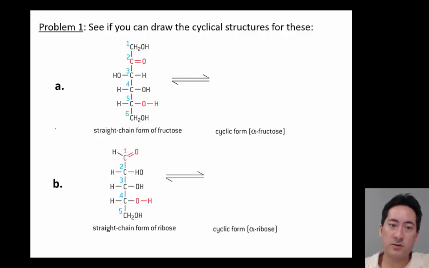So draw the cyclical structures. Hopefully they've got it to you in that sense. If they don't, just go to the bottom carbon here, the one with the OH popping off. This will go to here, and this will go to here.